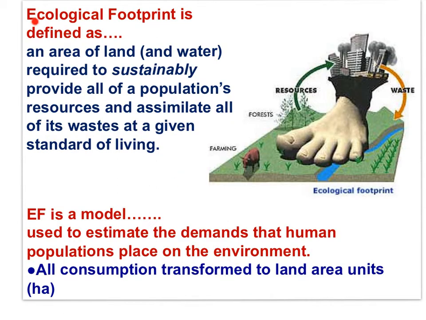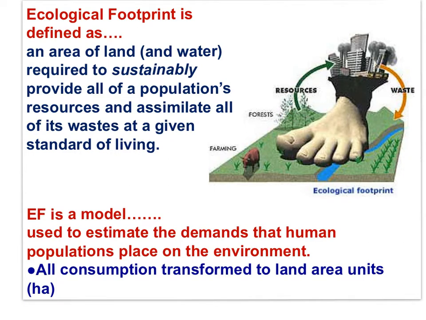Once again, ecological footprint is an area of land that is required to sustainably provide a population's resources and assimilate all of its wastes. Now, key ideas in this definition: sustainably provide resources and assimilate wastes.